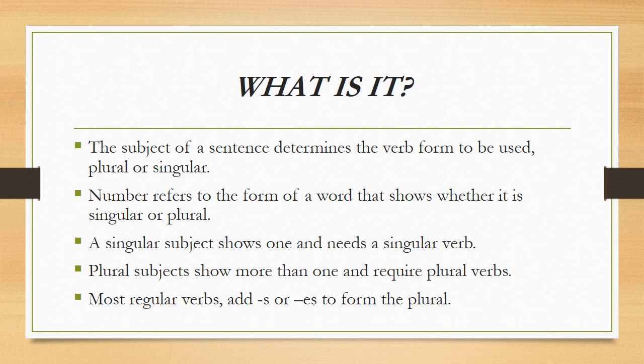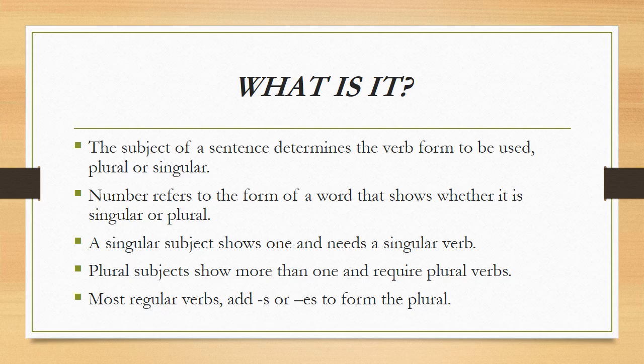Now, let's look at the next one. Number refers to the form of a word that shows whether it is singular or plural. Number 3, a singular subject shows one and needs a singular verb.